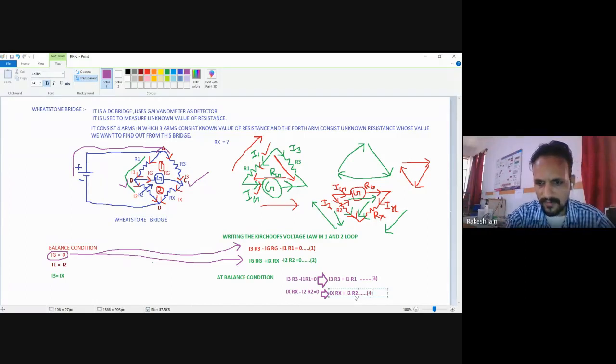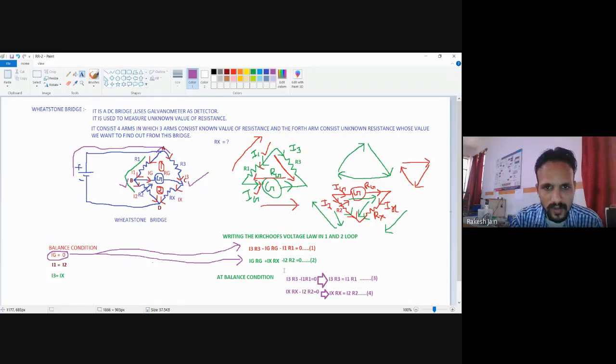Now see very carefully. Here, at this space, I just do equation number 3 divided by equation number 4.